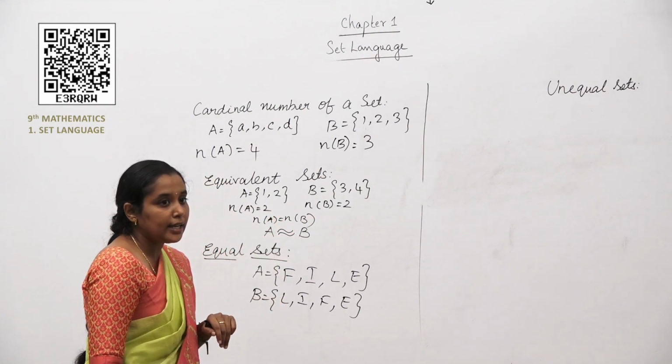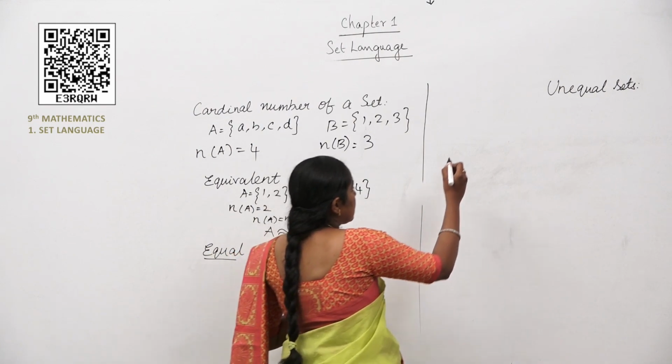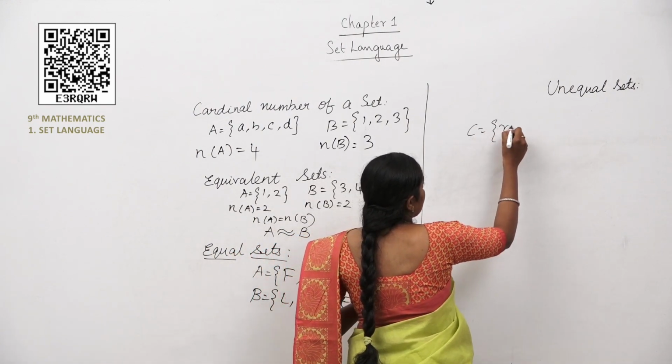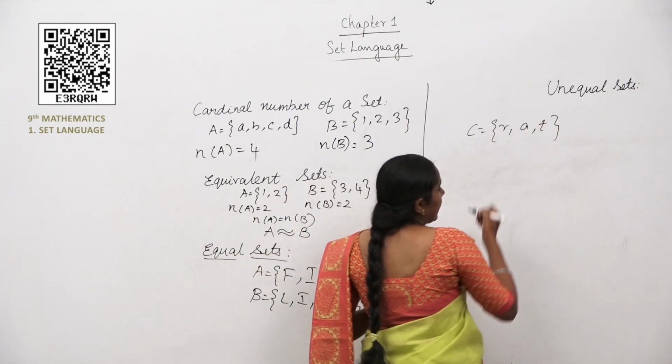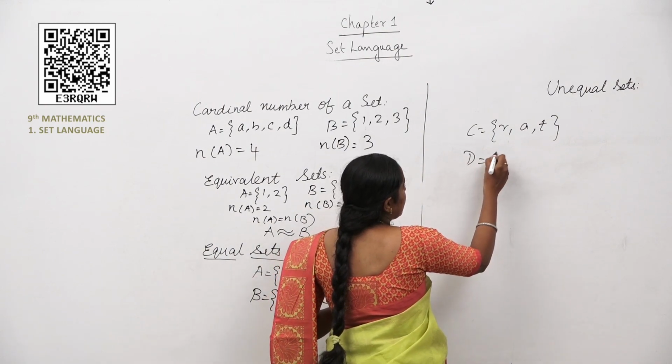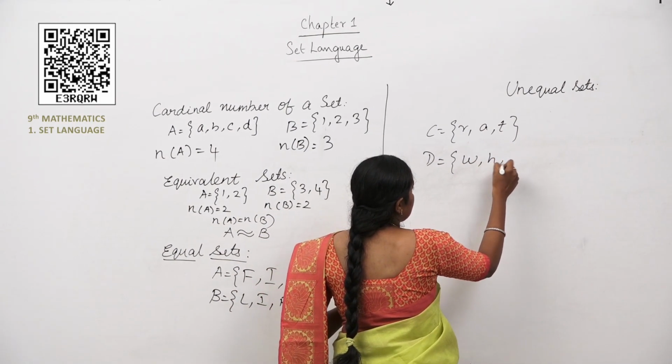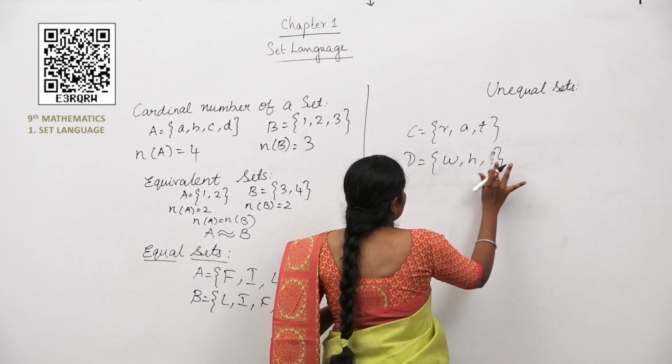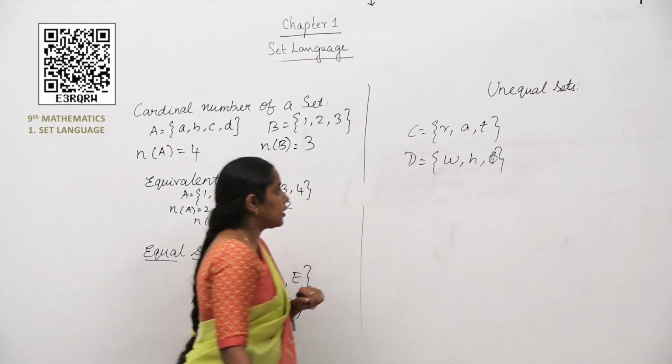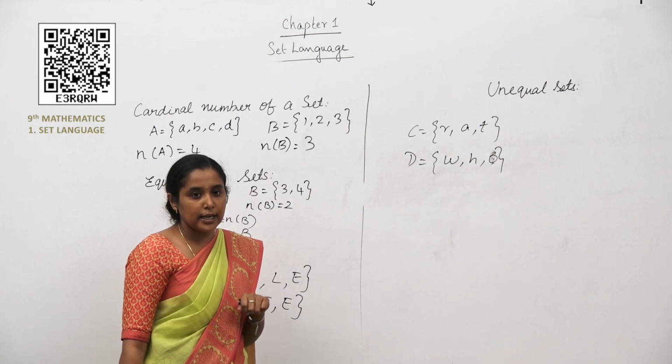Next one is unequal sets. C is equal to {R, A, T}, D is equal to {W, H, O}.